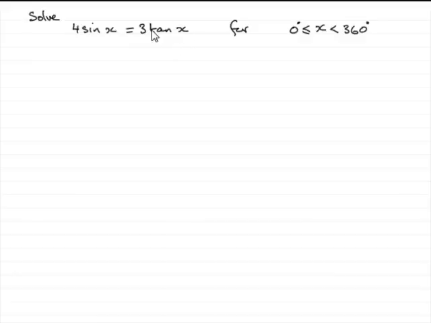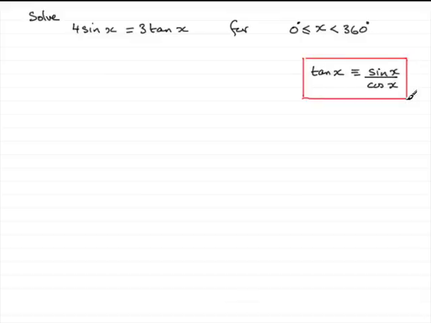And I can do that by changing tan x. You should know the identity that tan x is identical to sine x over cos x. So if we just substitute that into our equation, let's see where that takes us.